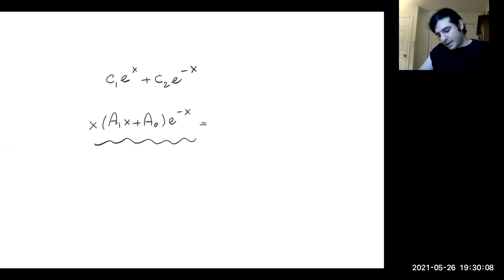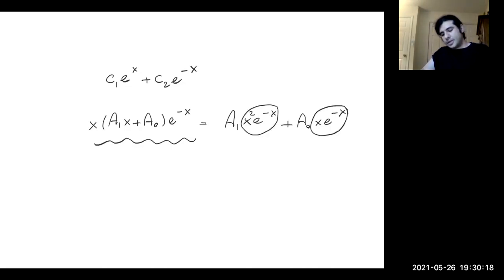If I do that, I would get something of this sort, and as you can see, neither of these two terms really appear here. So everything's good. Take that to be the particular solution and then plug that into the equation. That would be the technique.